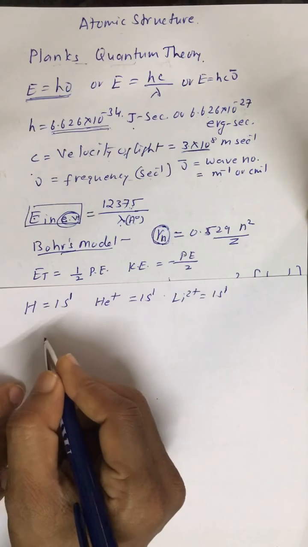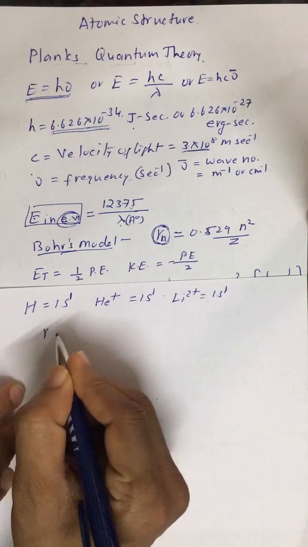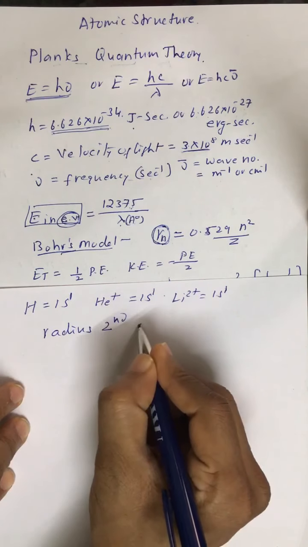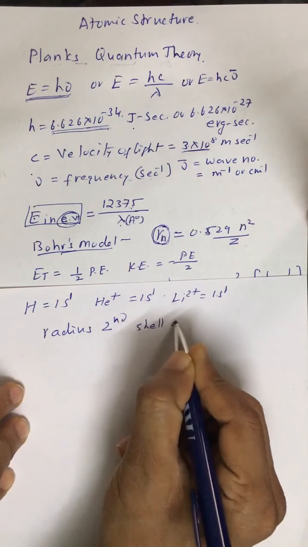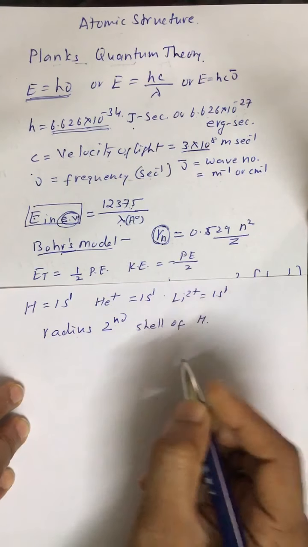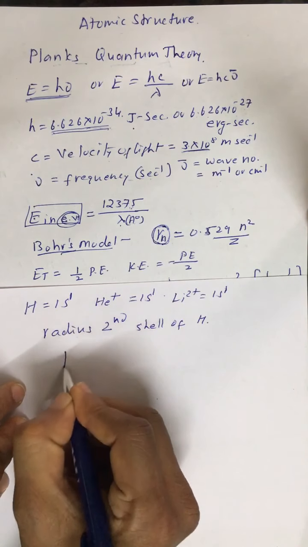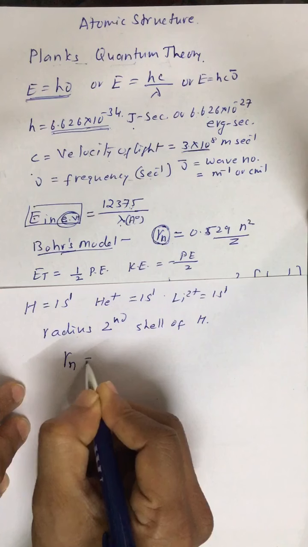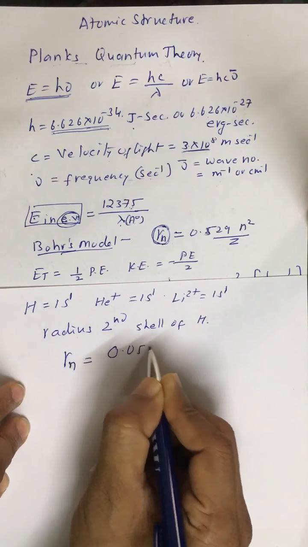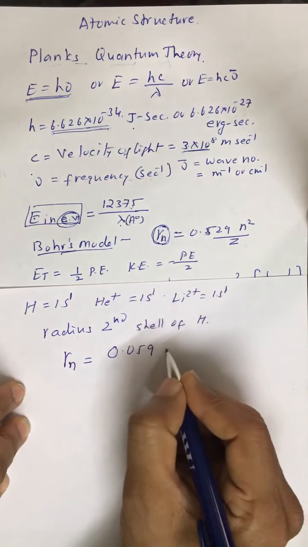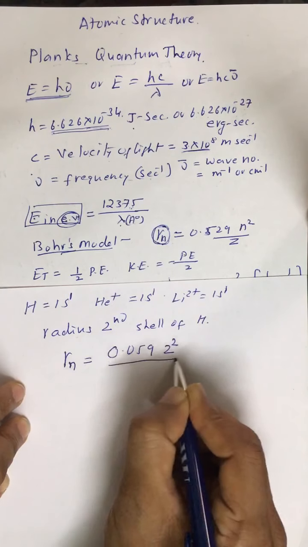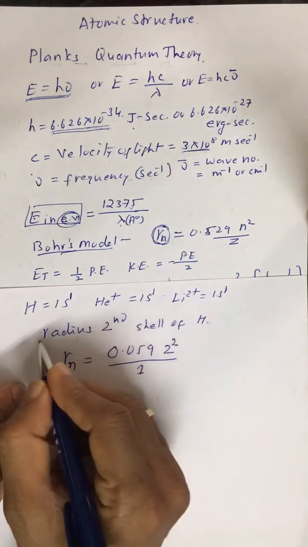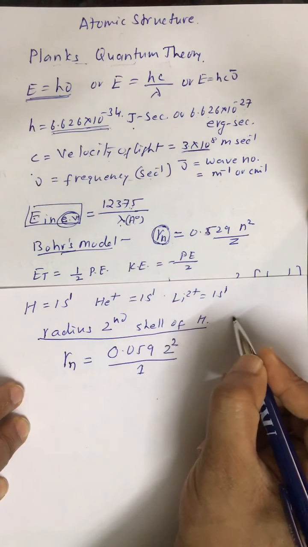You have to calculate, suppose, radius of second shell of hydrogen. All right, then it is calculated like radius of nth shell, that is second shell, that is equal to 0.529 n square, 2 square, divided by, for hydrogen it is 1. And suppose it is for radius of second shell of helium.